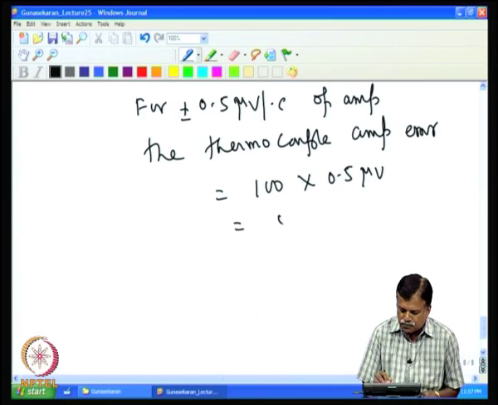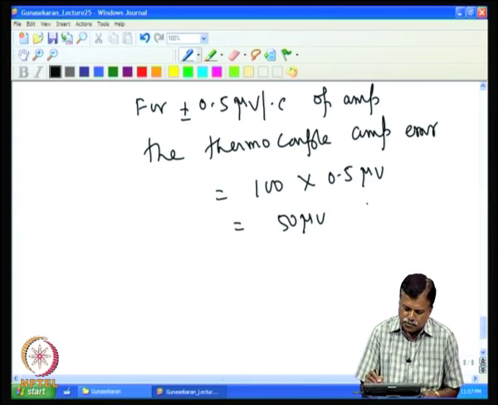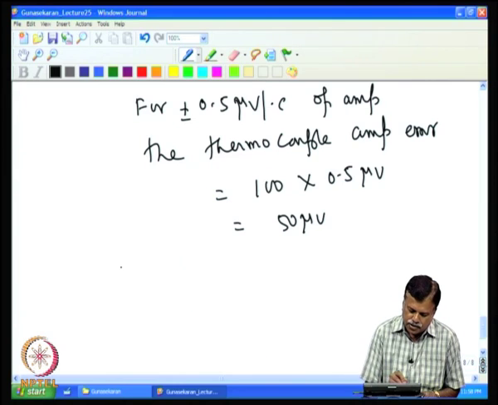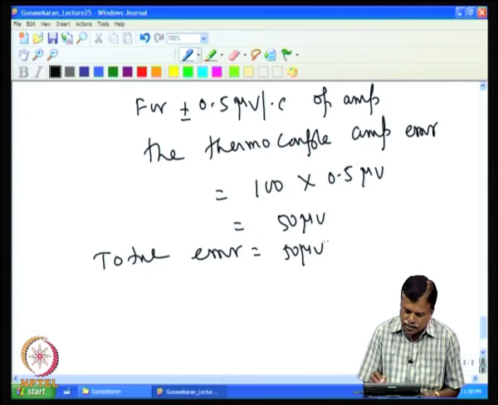That actually gives you 50 microvolt error at the input.